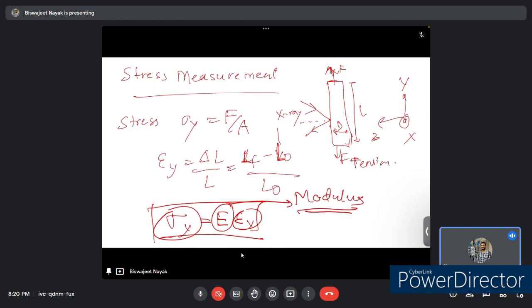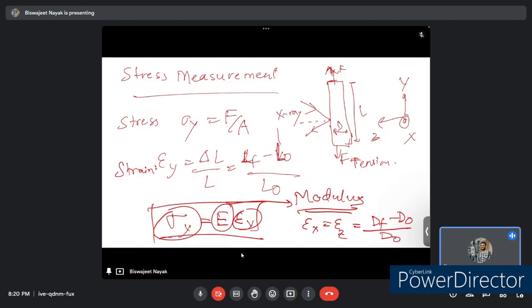The elongation of the bar is accompanied by a decrease in its diameter d. So there is another strain being applied, equal to the change in diameter by the original diameter.